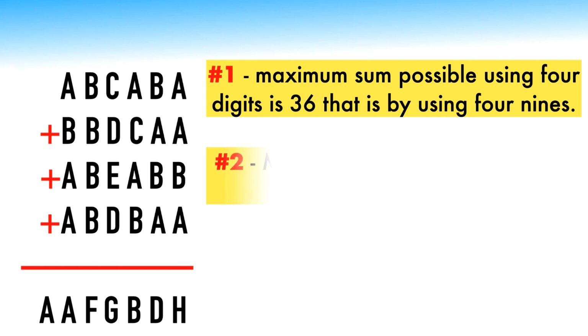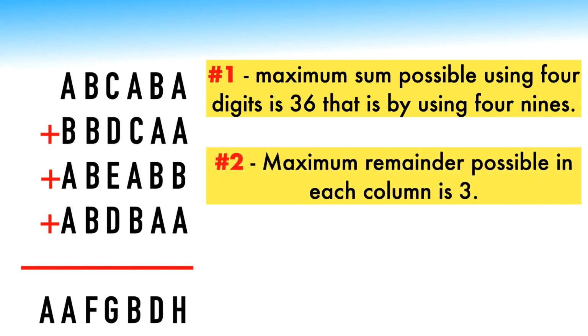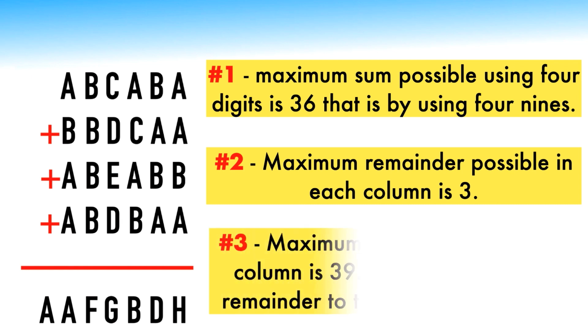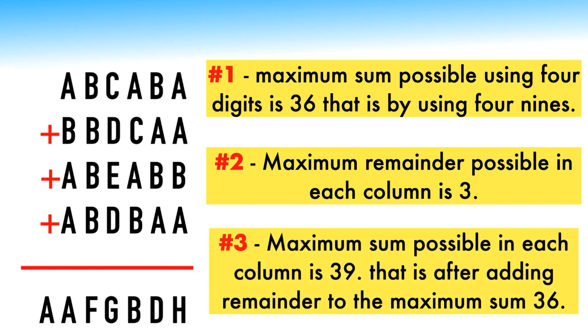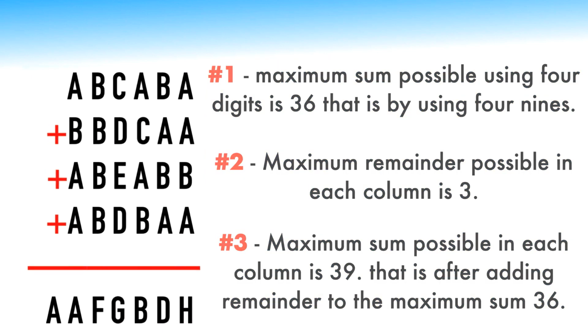And number 2, since the maximum sum possible using 4 digits is 36, the maximum remainder possible in each column is 3. Number 3. The maximum sum possible in each column is 39, that is after adding the remainder to the maximum sum 36. Now we have to apply these three most important rules to find the value of each letter.